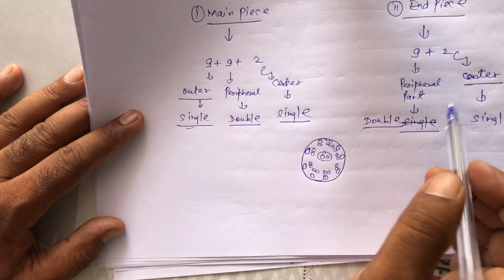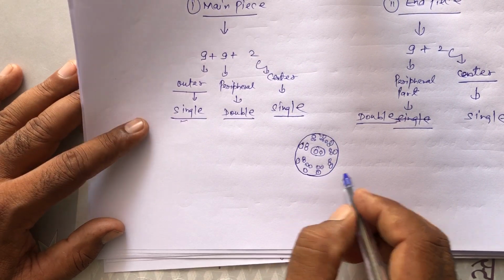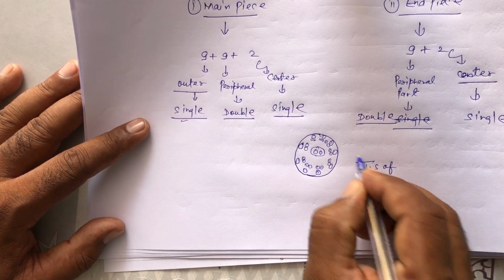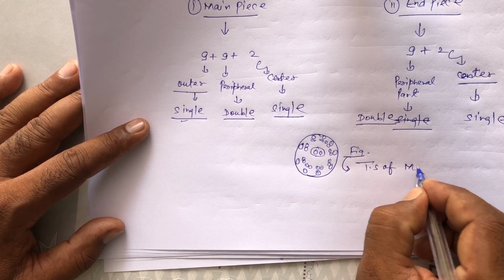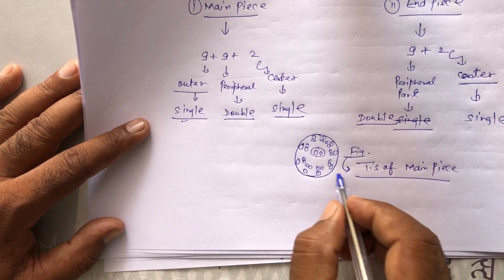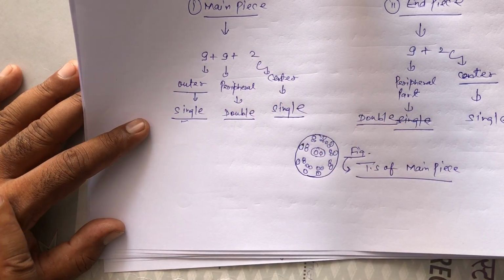But in the end piece, only peripheral and center filaments are present. This is the TS of the main piece. If we remove the outer filaments, it is the TS of the end piece.